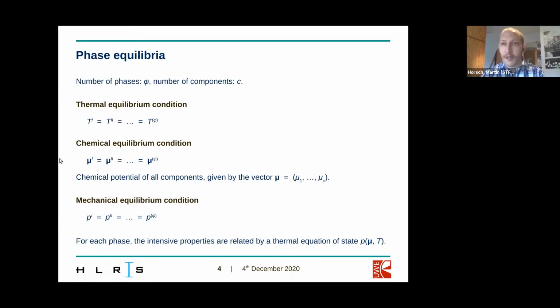All phases need to have the same chemical potential, and mechanical equilibrium, at a planar surface, requires that all phases exhibit the same pressure. And the relation between those quantities can in each phase be characterized by a thermal equation of state. And my aim today is to illustrate that in particular, this is accessible by molecular modeling.